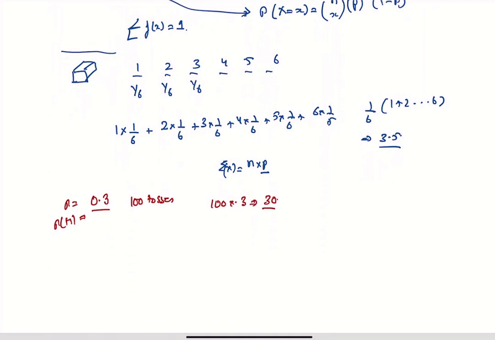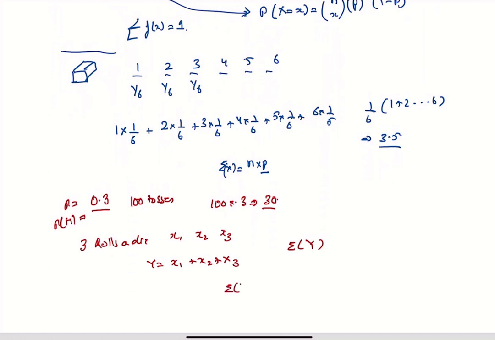Some other very useful principles in binomial random variables: say we did 3 rolls of a die. Each roll you get a number x1, x2 and x3, and say y is equal to x1 plus x2 plus x3. Then I want to calculate the expected value of y.